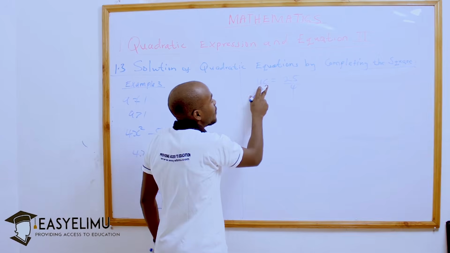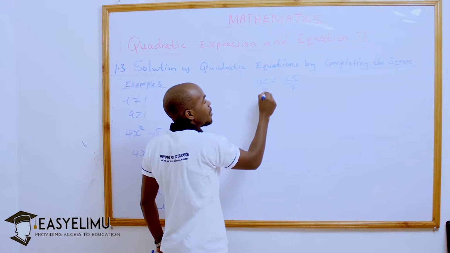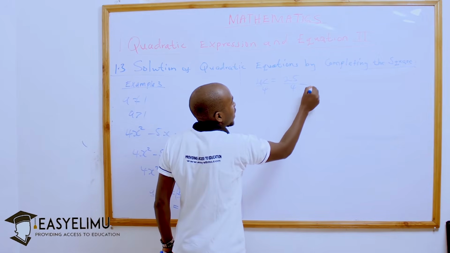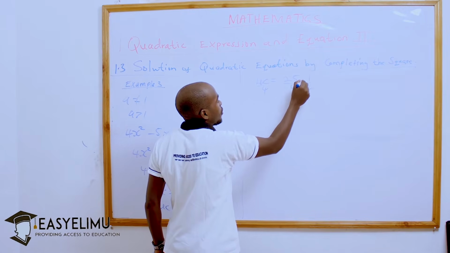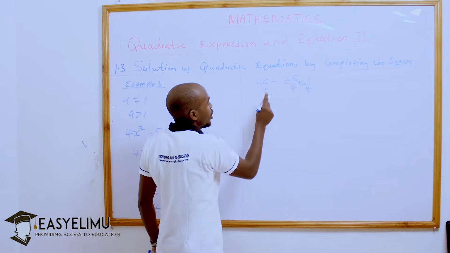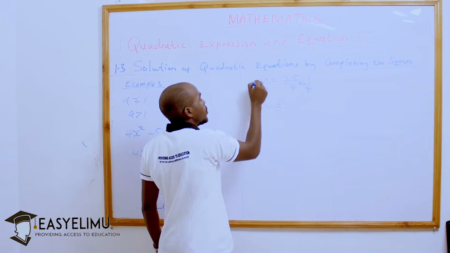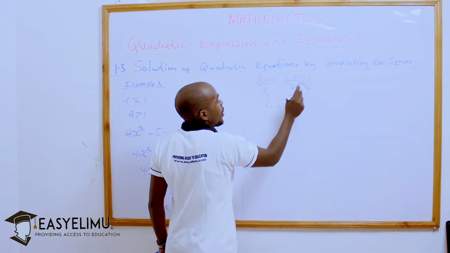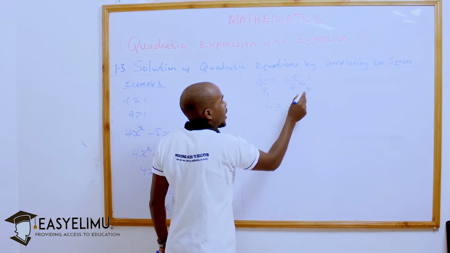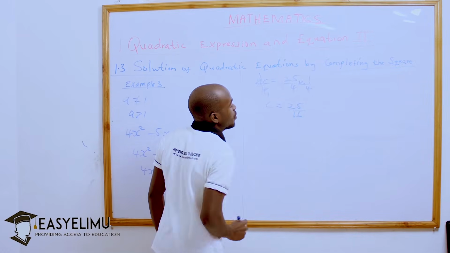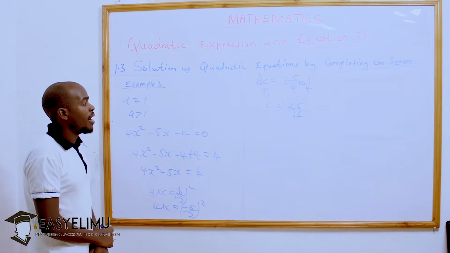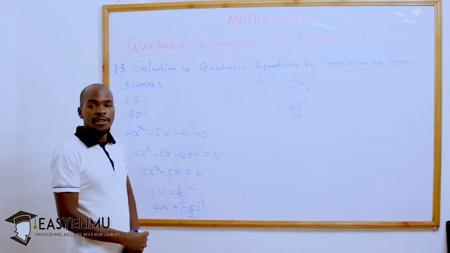To get the value of c, you divide both sides by 4, or you multiply by a quarter. So c is equal to 25 over 16. Now we have found the value of c to be 25 over 16.